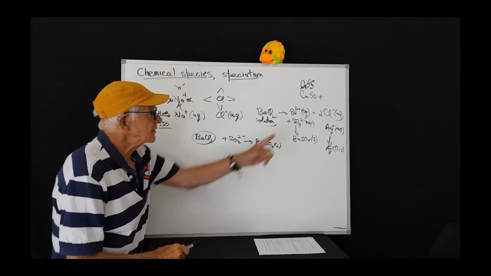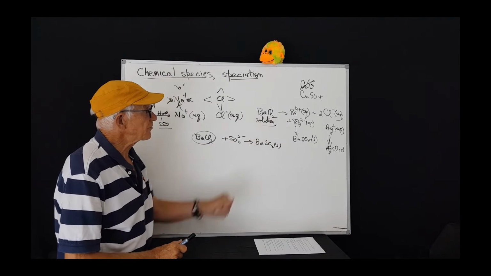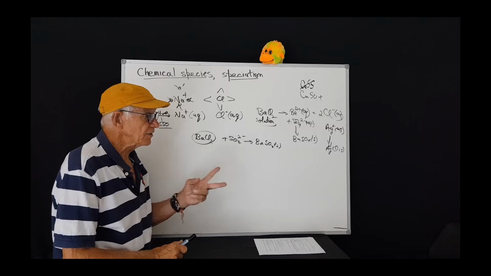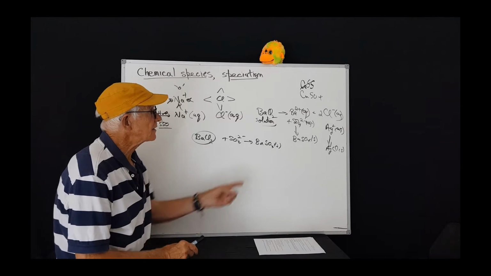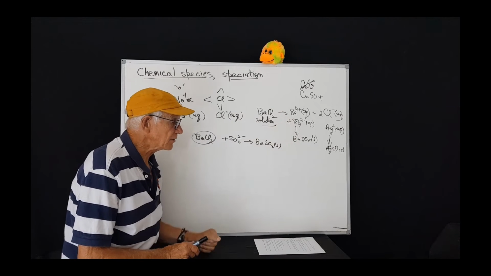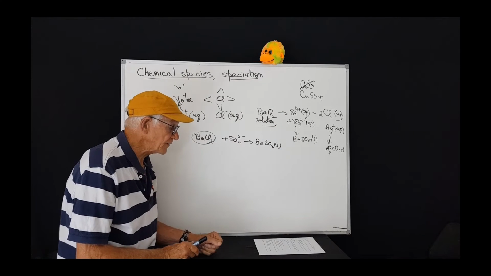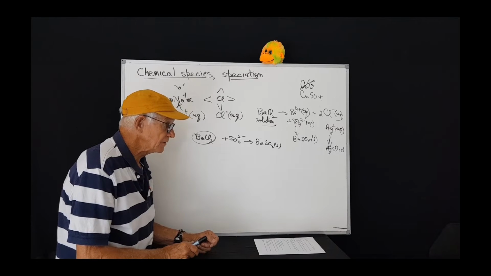In this case, the aquated chloride ions are the reactant. So a solution of barium chloride contains two independent reactant species, aquated barium ions, which can do their thing, and aquated chloride ions, which can do their thing, more or less independently of each other.